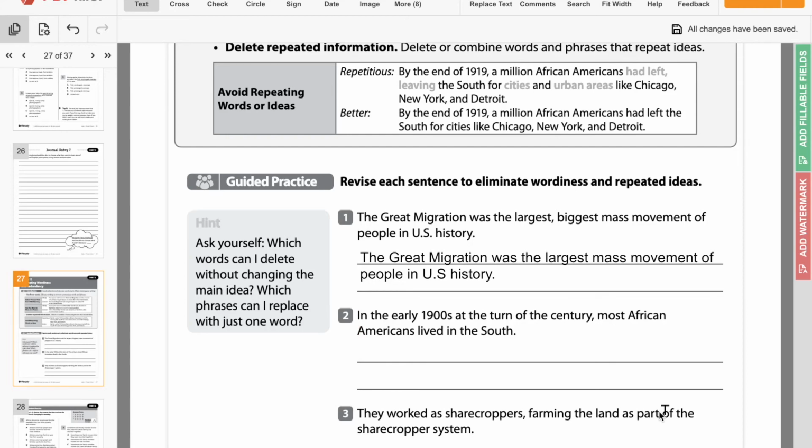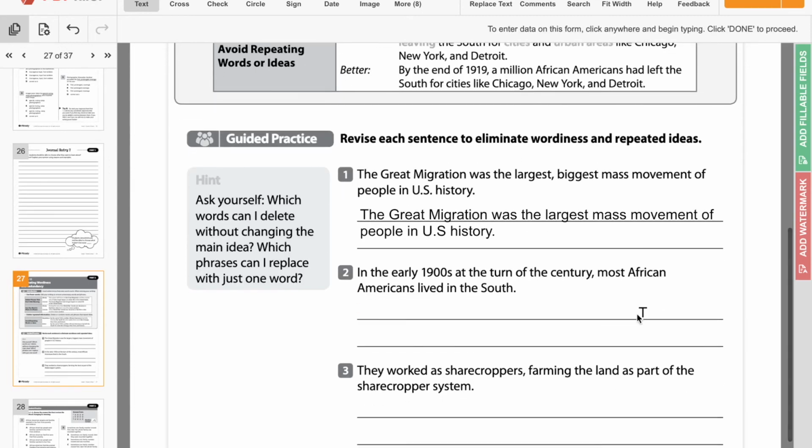So, "in the early 1900s, at the turn of the century, most African Americans lived in the South." Now here you need to know what turn of the century means.